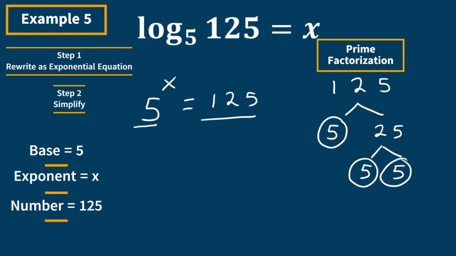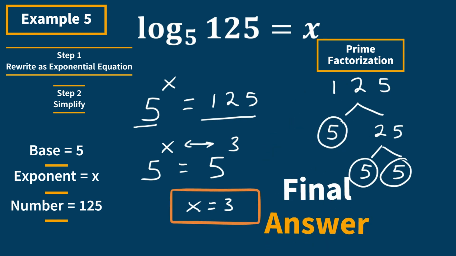What that means is that 125 can be written as 5 to the 3rd power. Now, when we're looking at our equation, we can see that these two exponents need to be the same for this equation to be equal. Therefore, from this we can gather that x is equal to 3. And that is our final answer.